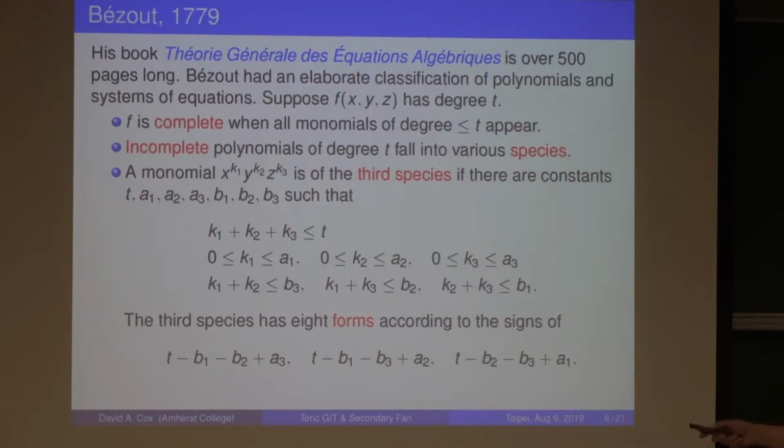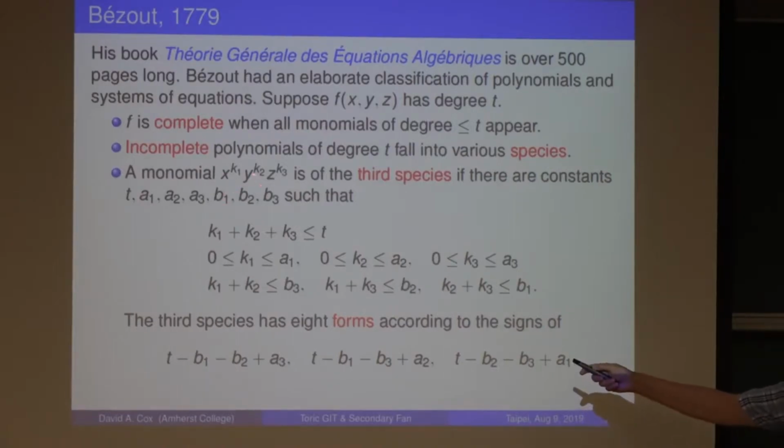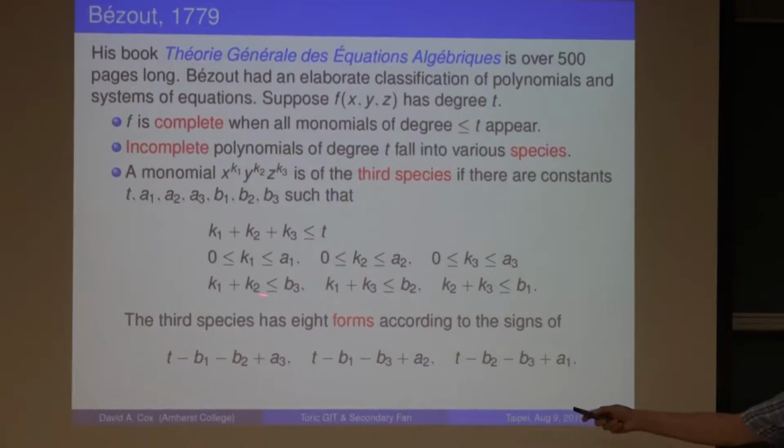The a's put restrictions on the degree of x, the degree of y, and the degree of z, so I bound the degree in each variable separately. But the other thing he does is put bounds on the degree of each pair of variables. So when I look at just the first two, x to the k1, y to the k2, he puts a bound on that, a bound on the first and third, and a bound on the second and third.